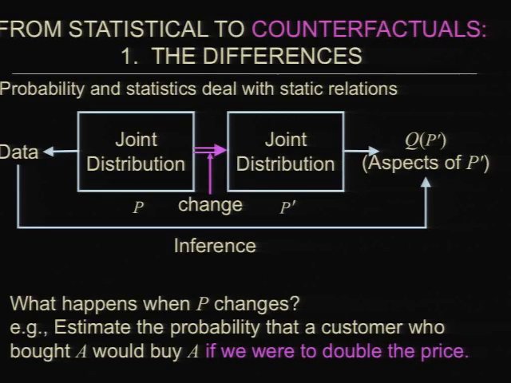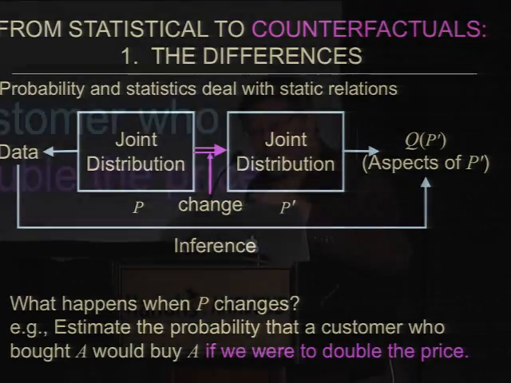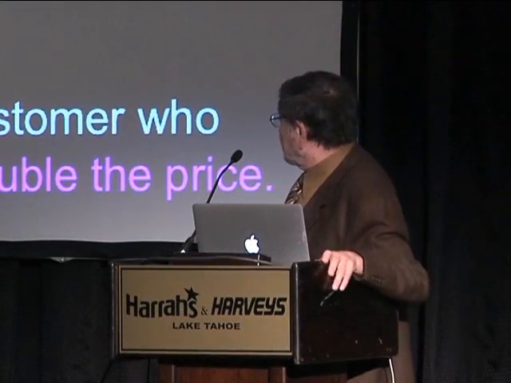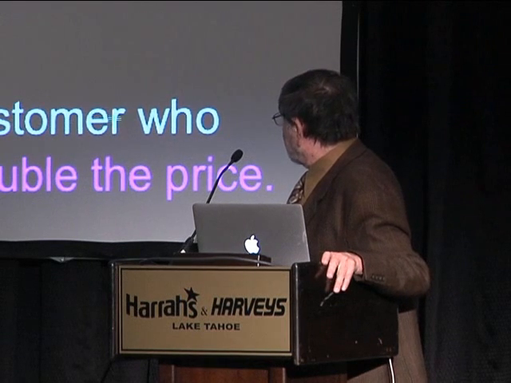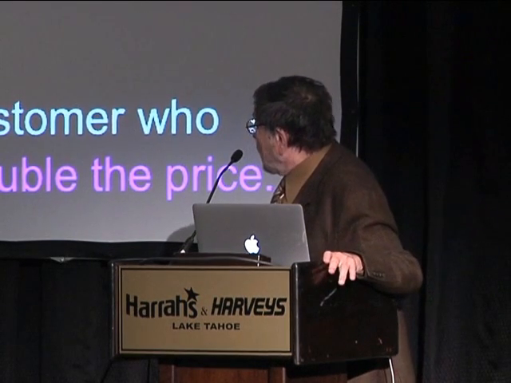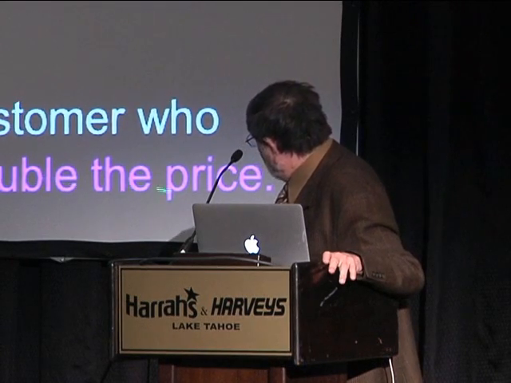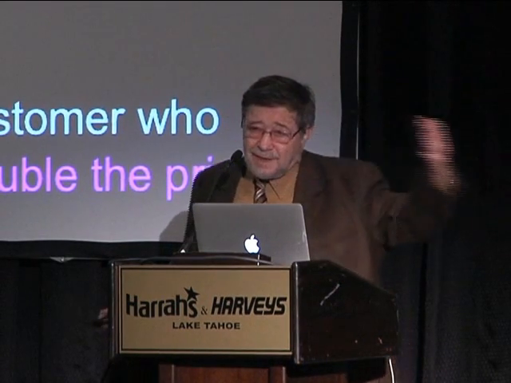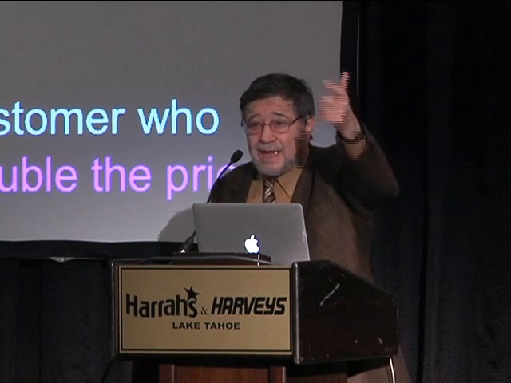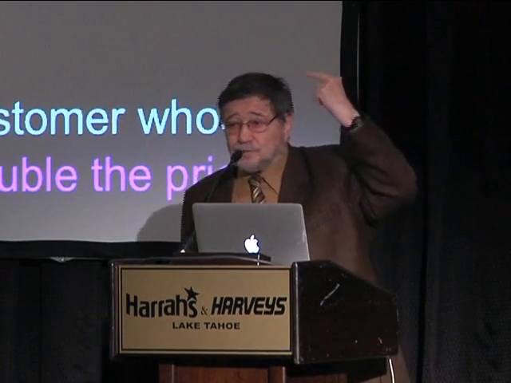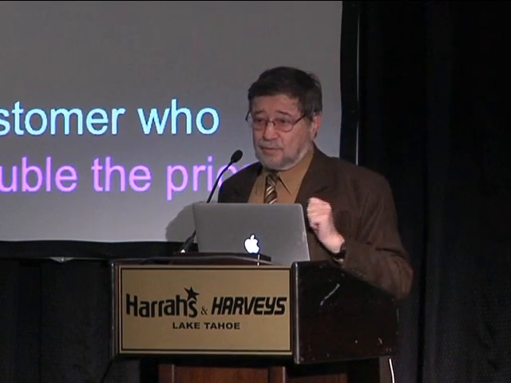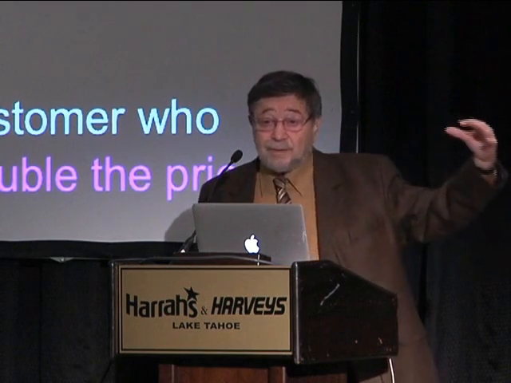That's only one reason to deal with intervention. The other one is to deal with counterfactuals. For instance, you want to estimate the probability that the customer who bought A would buy B if we were to double the price. So you go back in time and you say this particular customer, had we doubled the price in 2005, he would have bought product B. Why do you want to reason backward?